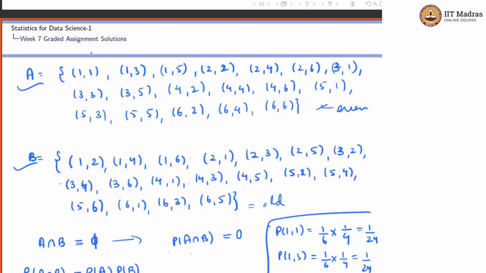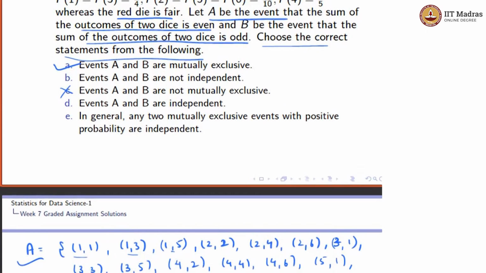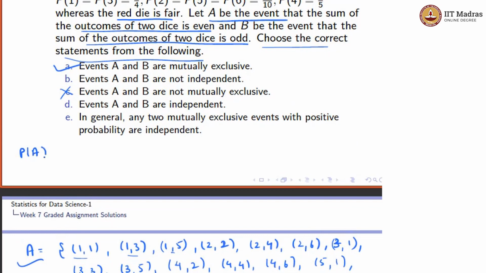Similarly, we can find out the probabilities for each of the outcomes in event A and event B, and we will see that the probability of A is going to be 1 by 2 and probability of B will turn out to be 1 by 2. So probability of A intersection B, which was 0, is not equal to probability of A into probability of B, that is equal to 1 by 4. So the two events A and B are not independent.